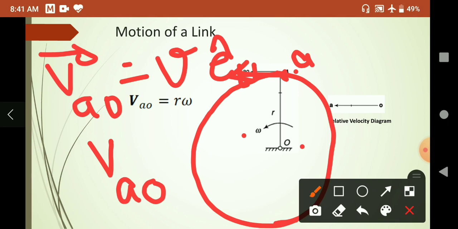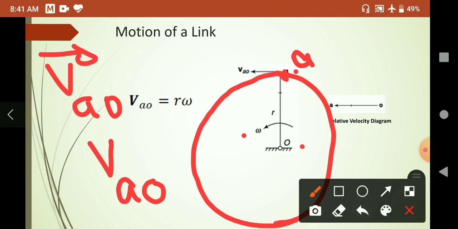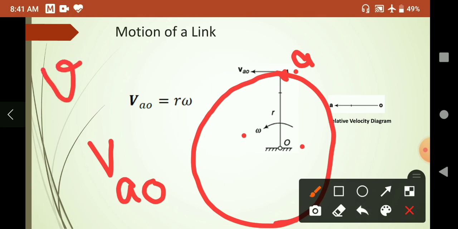So this equation can be modified. The magnitude V can be written as V equal to R omega, where omega is the angular velocity of the particle A, which is nothing but the angular velocity of link OA.